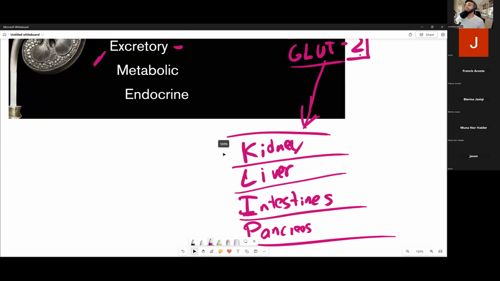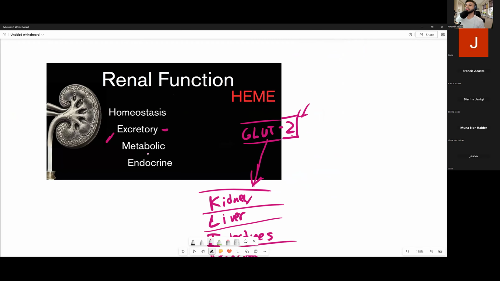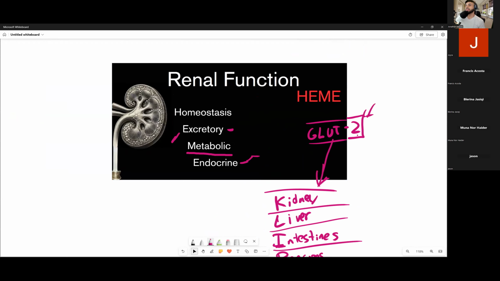All right. And you're going to see that that's a very important metabolic function that the renal system has. And then you have endocrine function. So let's recall endocrine function. Remember that the parenchyma cells are sensitive to hypoxia. They have a whole system inside these types of cells.